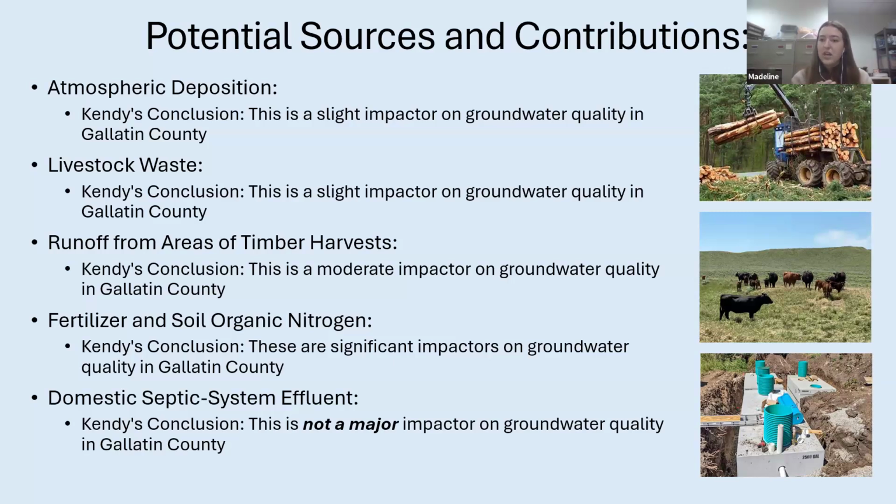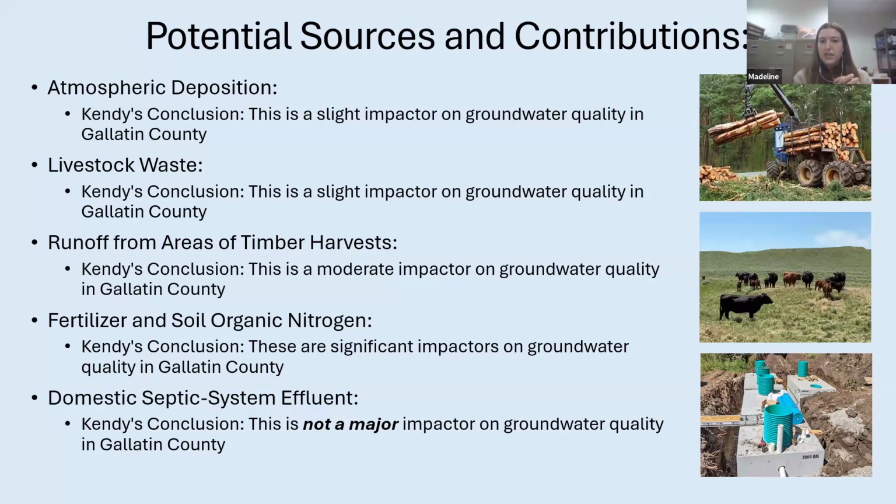Both natural and anthropogenic, that natural nitrogen in the organic matter of soil, and then also the anthropogenic nitrates from fertilizers being used. But in Kendi's report, she talked about domestic septic system effluent, and she concluded that this was not a major impactor on groundwater quality in Gallatin County.